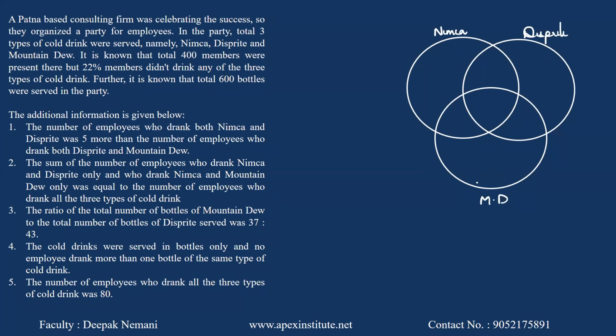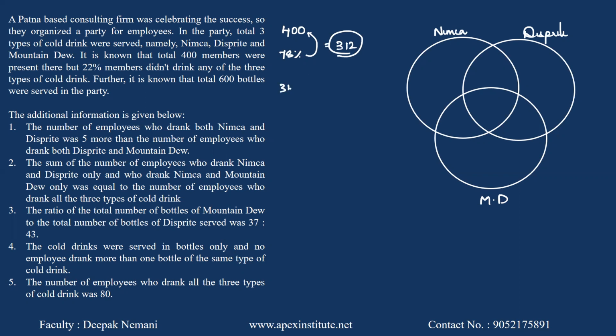Now a total of 400 members were present. Fine. Out of which 22 members did not drink any of the three types of cold drink. So you have only 78% of 400 members having a drink. 78% of 400 is equal to 312. So a total of 312 members had a drink. And further, it is known that a total of 600 bottles were sold in the party.